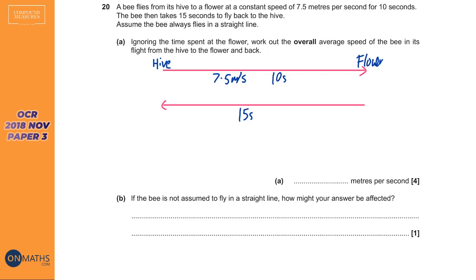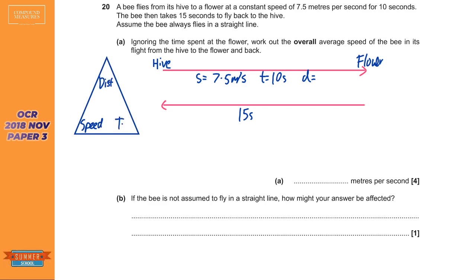So what we don't have here is the distance. We've got the speed and we've got the time, but we need the distance. So we remember our speed, distance, time diagram. We've got speed at the bottom, distance at the top, and time at the bottom as well. We're looking for the distance, so we're going to cover up the distance, and it says that what we do is speed times time.